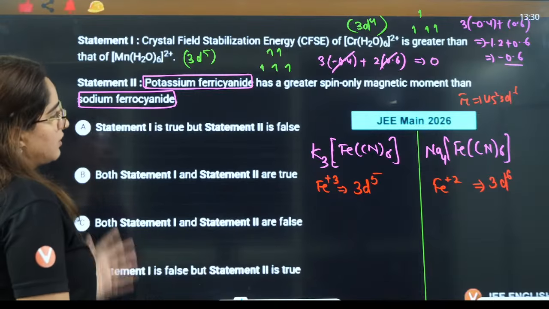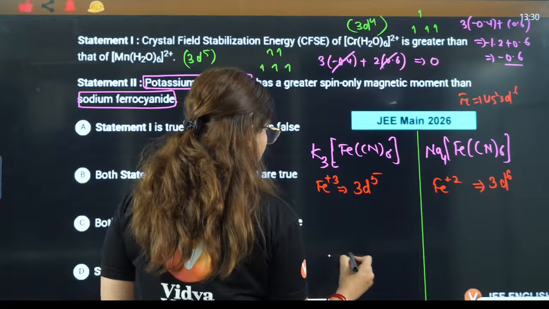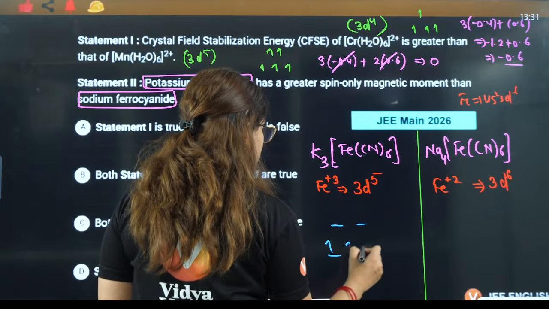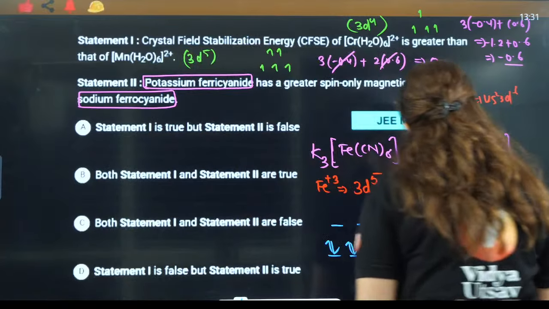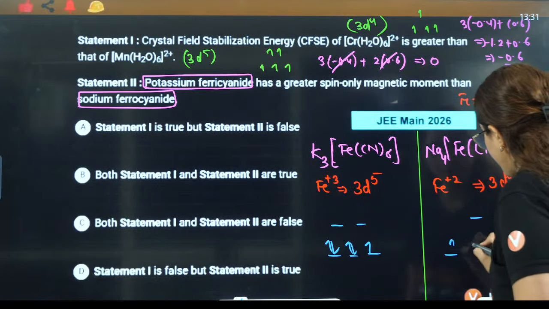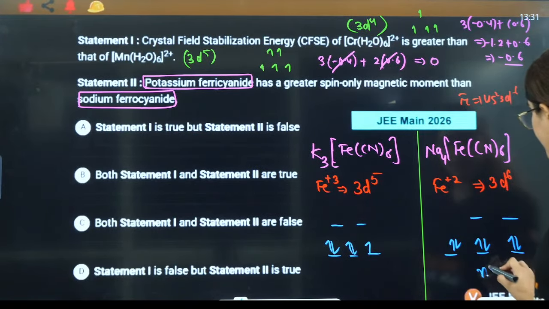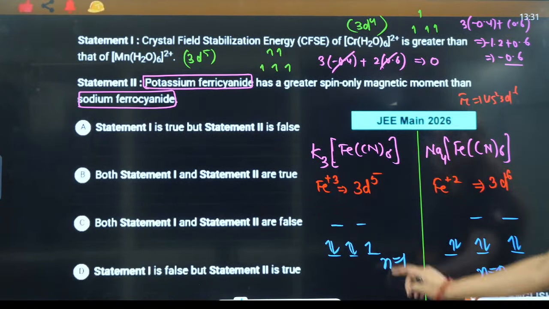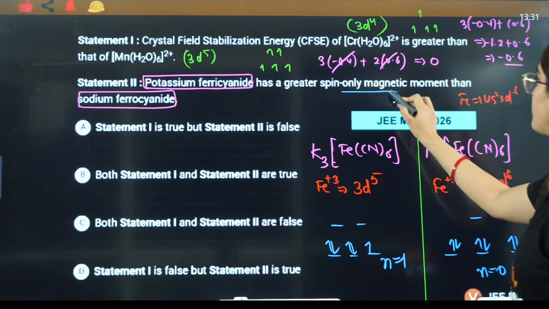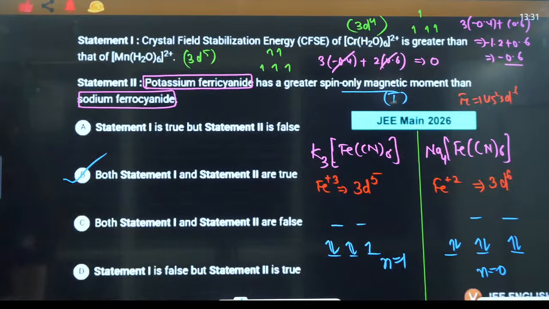This is a strong field ligand, so 1, 2, 3, 4, 5 and 1, 2, 3, 4, 5, 6. Here the number of unpaired electrons is 1, here it is 0. So this has more spin only magnetic moment, that is also true. So both the statements are true here. Okay?